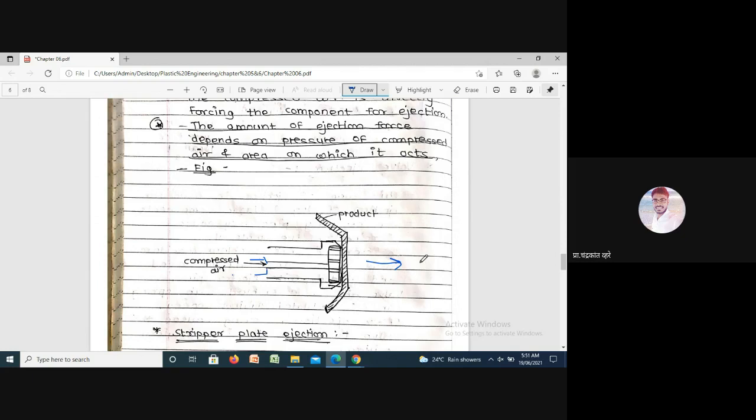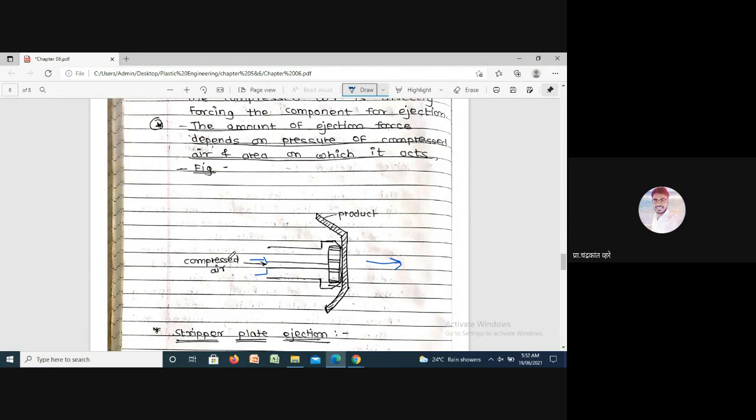So for that purpose, before designing this mechanism, we need to study how much force is required as per our product load. If the product is big, then of course we need to design the system by considering a big size product.